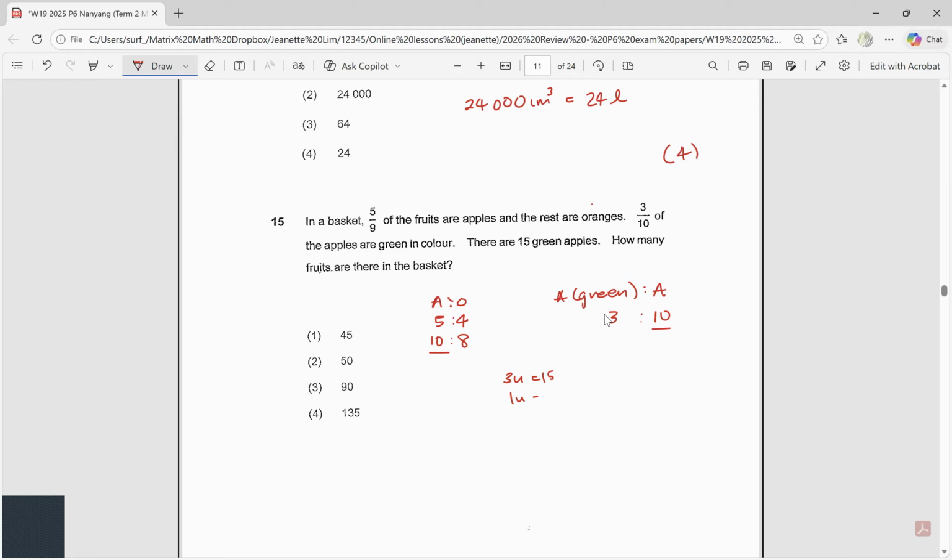And 1 unit would be 15 divided by 3, which is 5. How many fruits are there in the basket? The total number of fruits would be 10 units and 8 units, total 18 units. So 18 units is 90. Answer option 3.